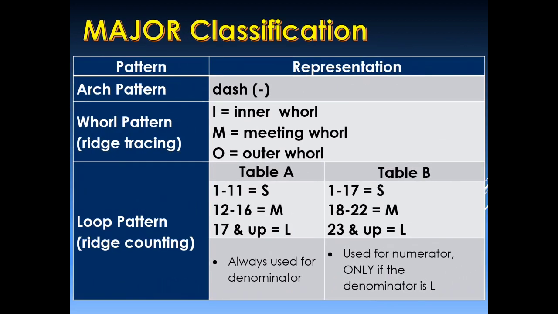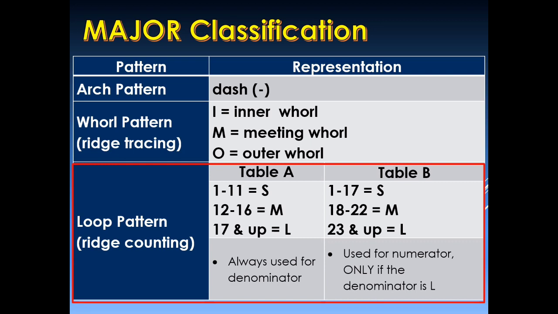For the loop pattern, we are going to use the ridge count, wherein we are going to use this table to represent the major classification. So under the table A, this table A is always used for the denominator, meaning it is used first in the block 6.